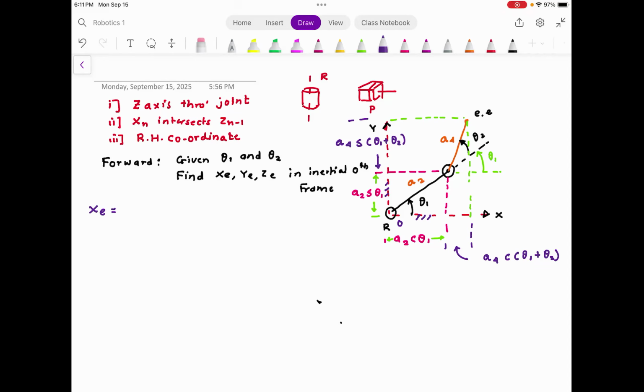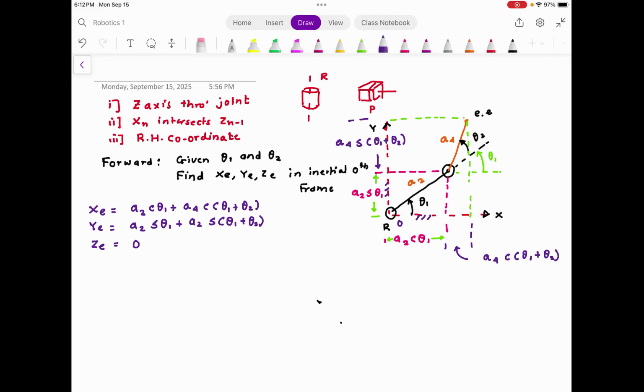So XE is A2 cosine theta 1 plus A4 cosine of theta 1 plus theta 2. YE is A2 sine theta 1 plus A4 sine of theta 1 plus theta 2. And ZE, since this is a planar robot, is equal to 0.